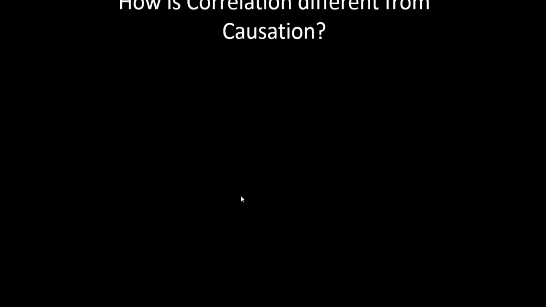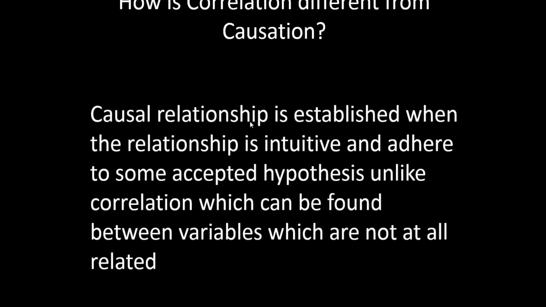Next question is, how is correlation different from causation? This is a philosophical question, a little controversial, but one of the answers you can give, which may not be 100% correct, because it's slightly confusing and also not a very clear-cut question, but a lot of people actually ask it, so I'm talking about it. A causal relationship is established when the relationship is very intuitive and adheres to some accepted hypothesis.